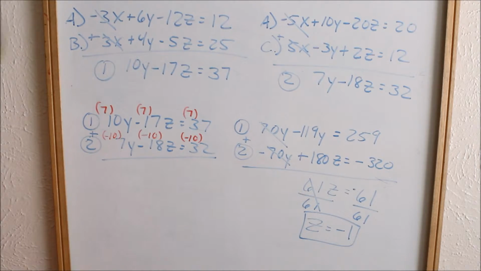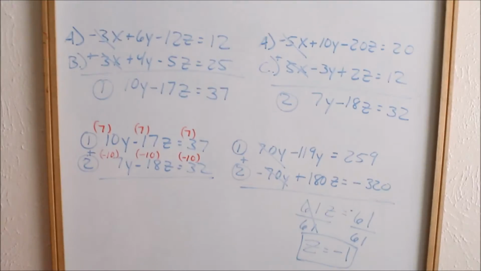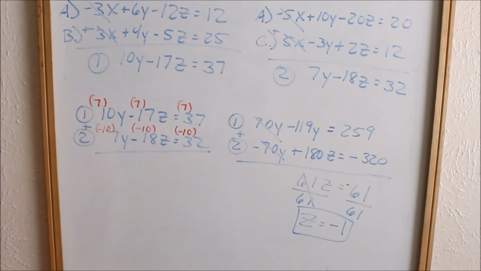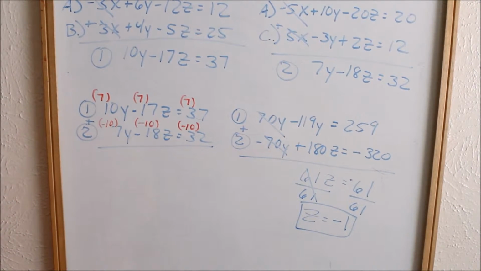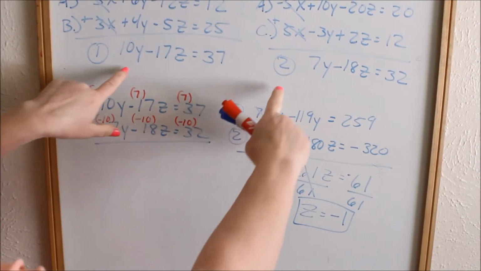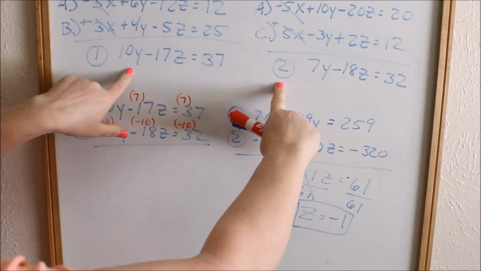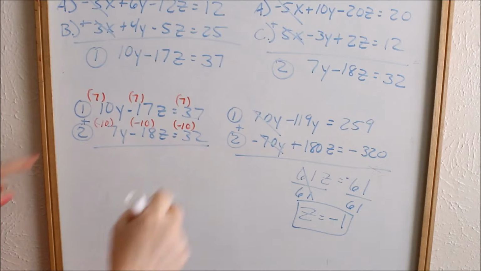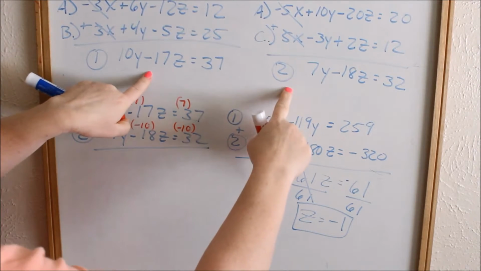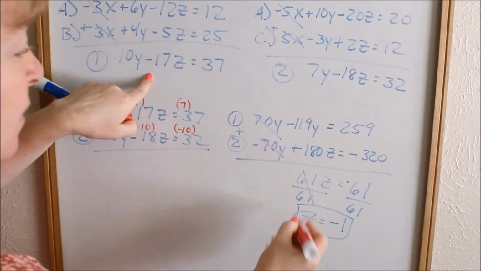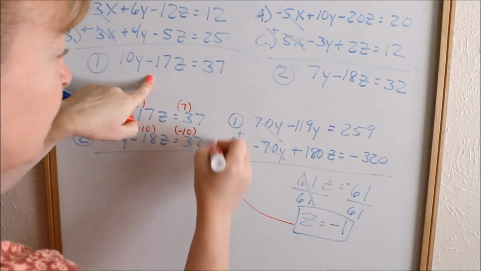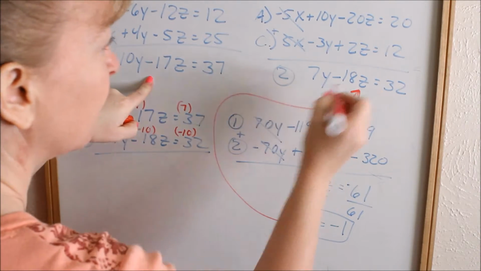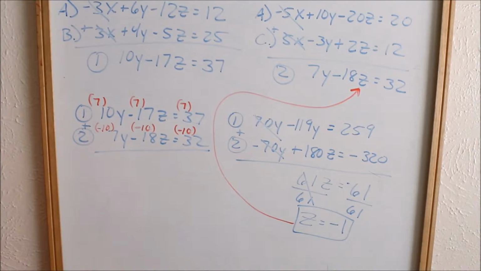Not done, because now we've got to solve for x and y. So how do I solve for x and y? Well, going back to these two equations, I only had y's and z's. So I can take this z and put it back into one of these to solve for y. So I'm going to take this and put it back right here to solve for y.